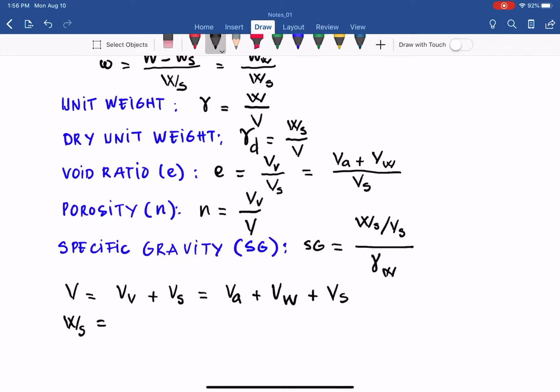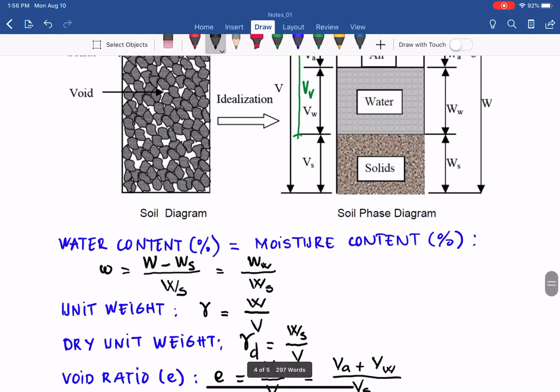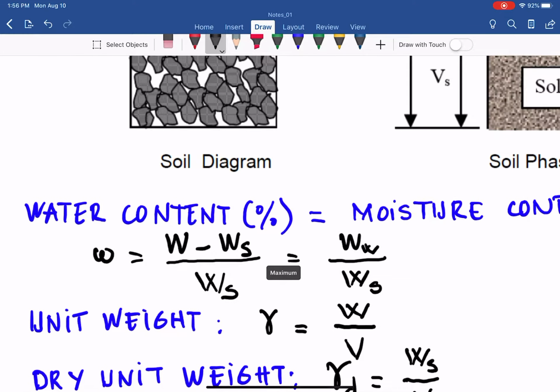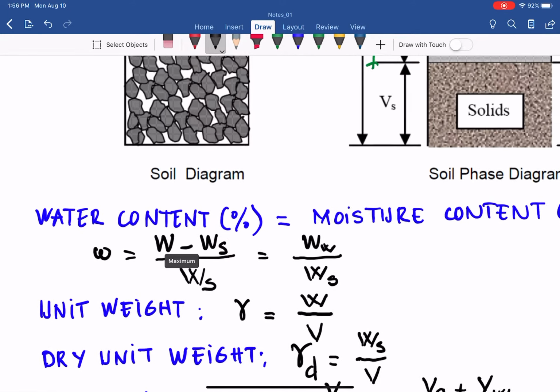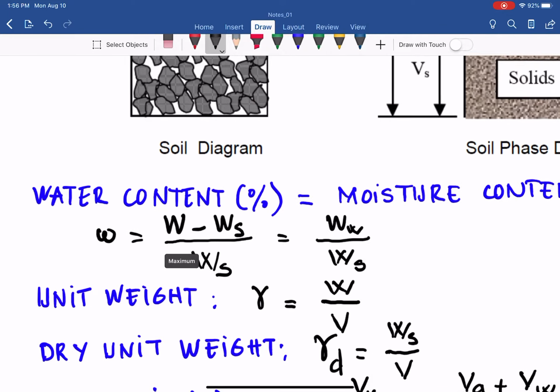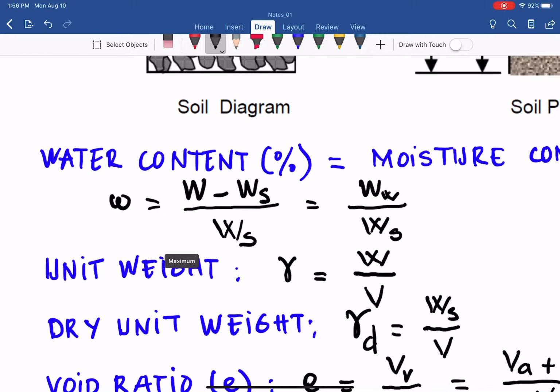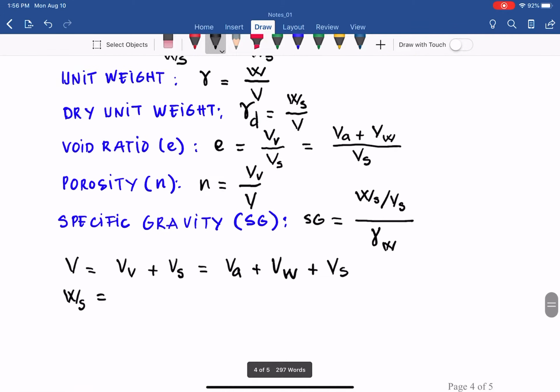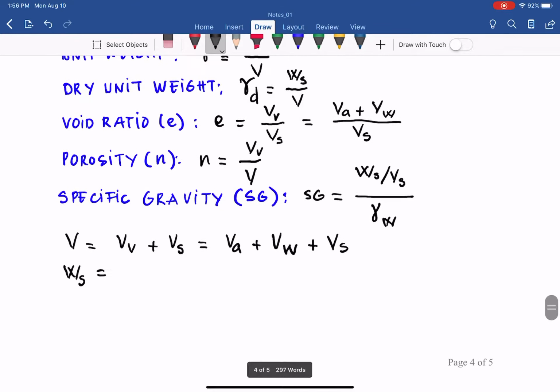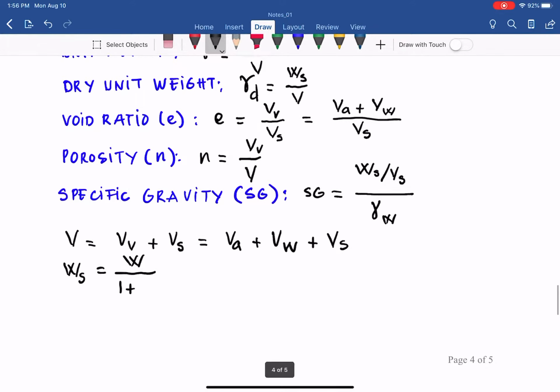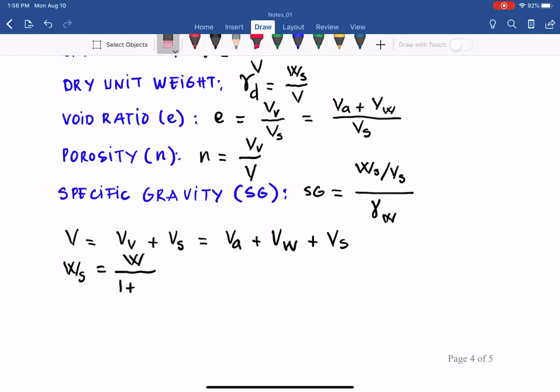If we know the water content and we know the total weight, we can apply this equation. w equals Ww over Ws, or w equals the whole weight minus the solid weight over the solid weight. So we can find out the weight of the solid part of the soil. It equals W, which is the total weight, divided by 1 plus the water content, moisture content or water content.